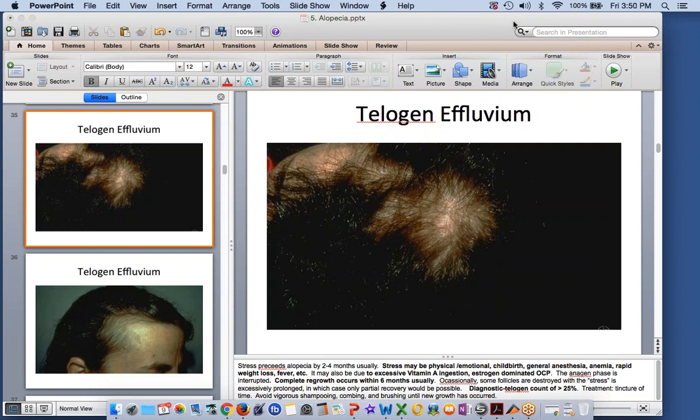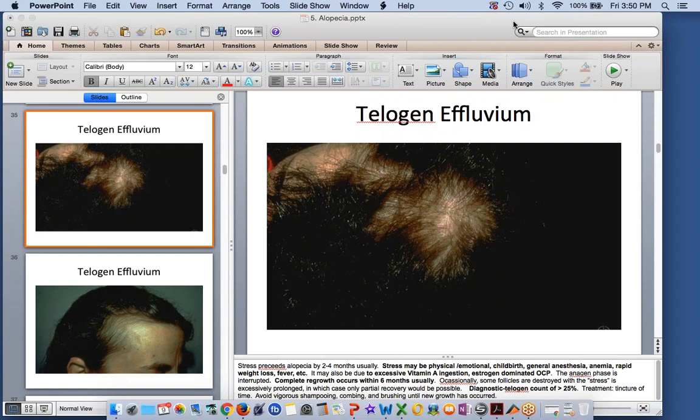Now let's go back a bit. 80% of all the hairs at any given time are in the anagen phase. Then, as the hair slows down in growth, it goes through a transition stage called the catagen phase, and then eventually it goes into a dormant stage, which is the telogen phase.